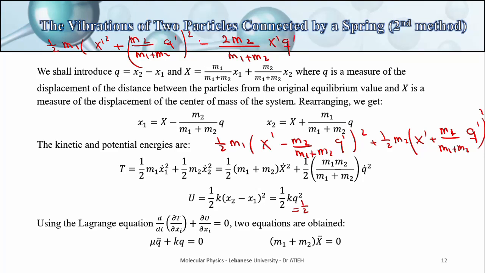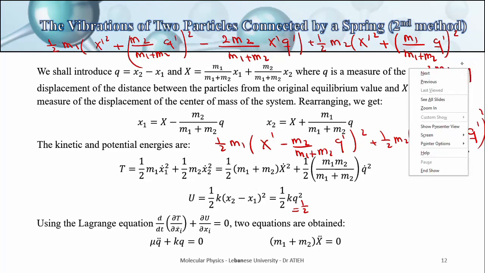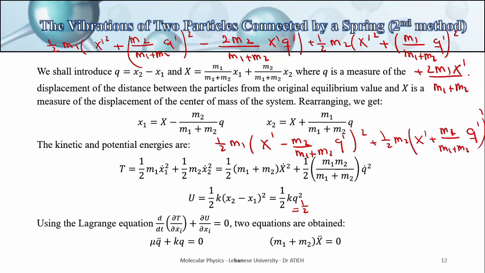So this is the first term. The second term is half m2 times x prime squared plus m1 over m1 plus m2 q prime, all of it squared, plus 2 m1 over m1 plus m2 x prime q prime.